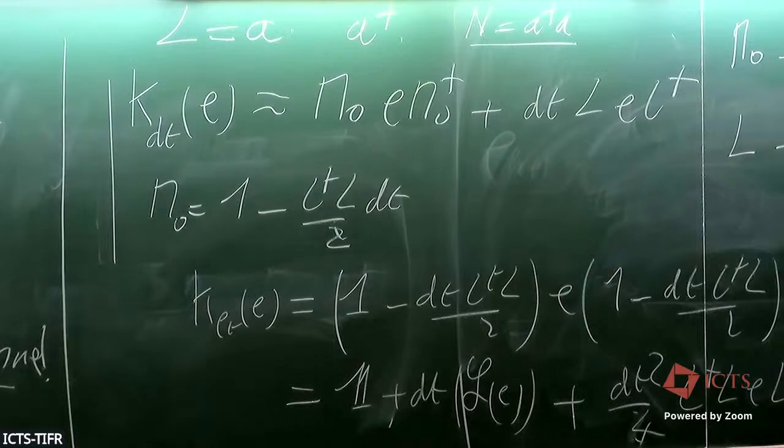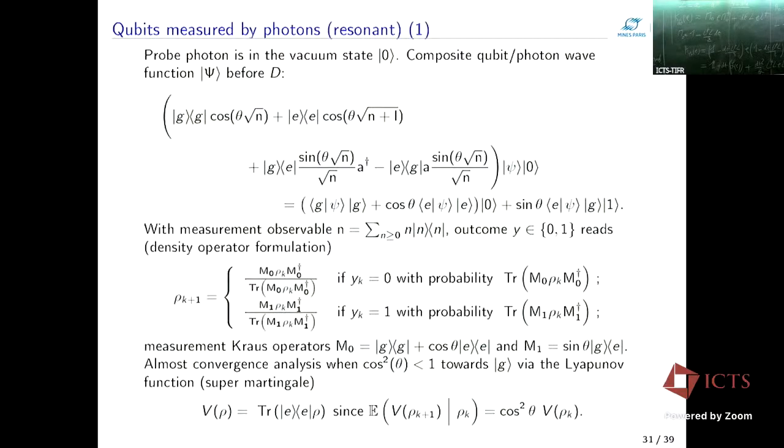Of course, since you have only one excitation in G, you have only one here, nothing else, okay? And in this case, your measurement apparatus is the photon number. This is what you measure. So when you measure your system, the photon interacts resonantly with the qubit.